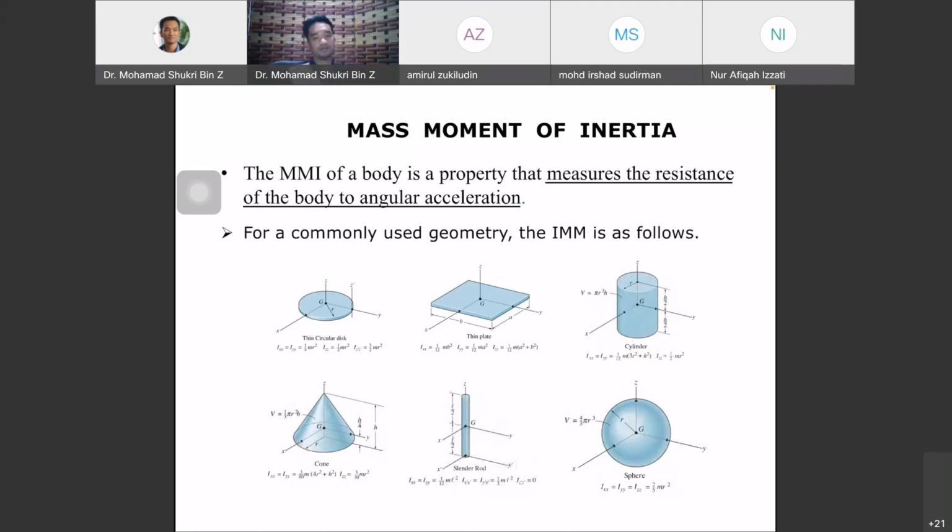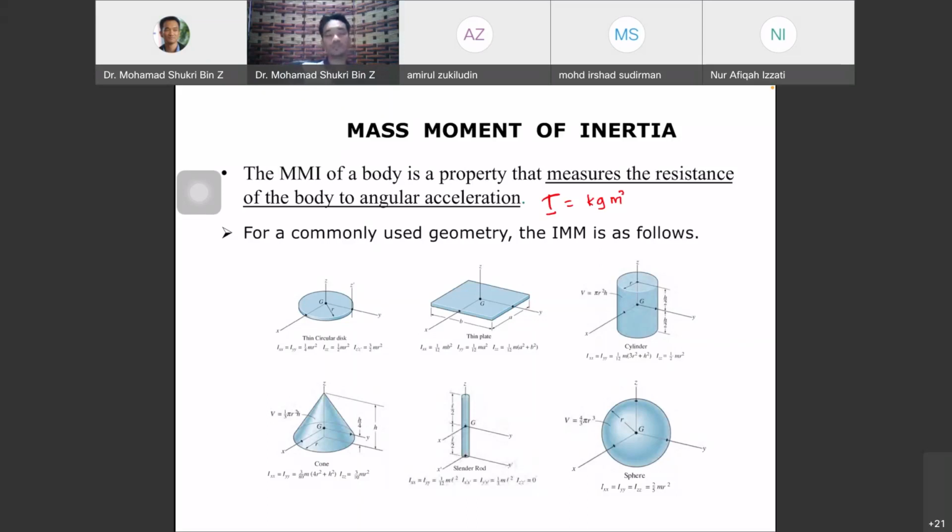Basically we will use symbol I for mass moment of inertia, and the units are kilogram meter square.